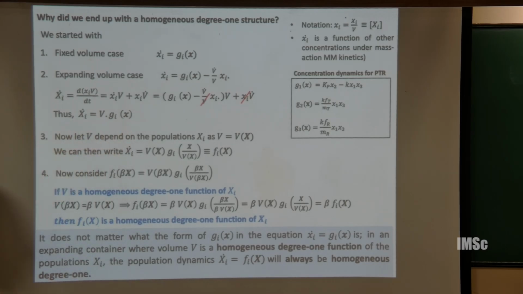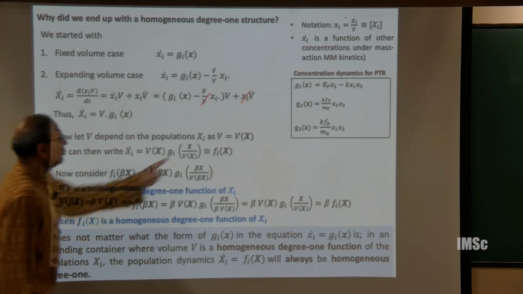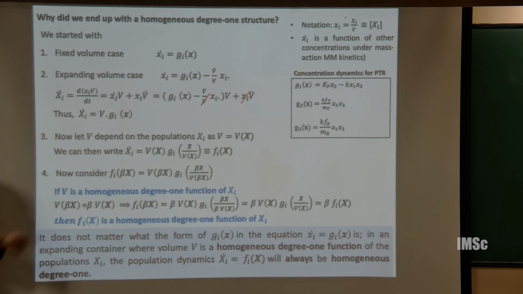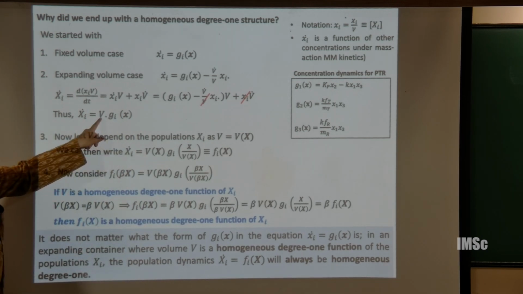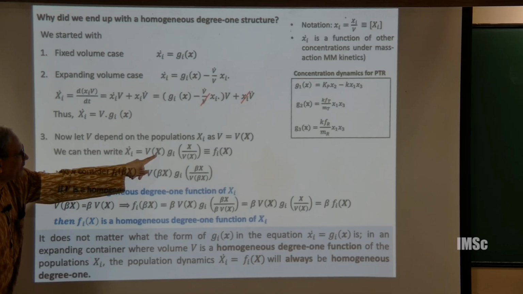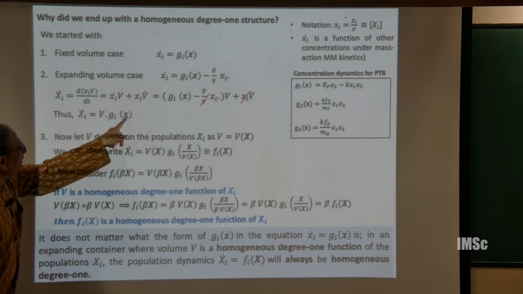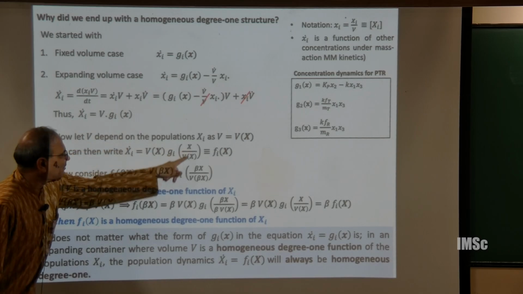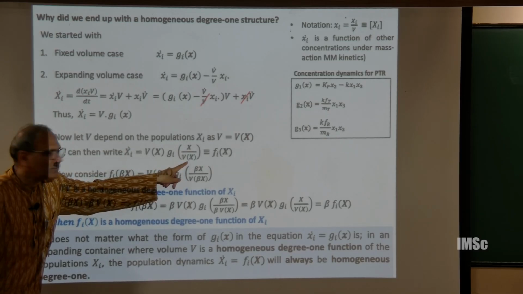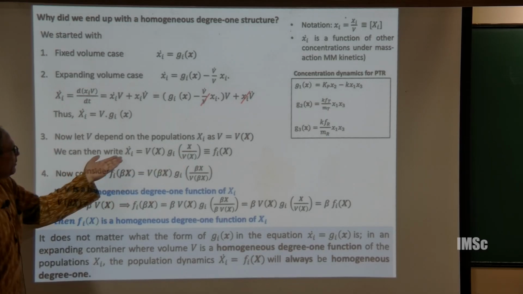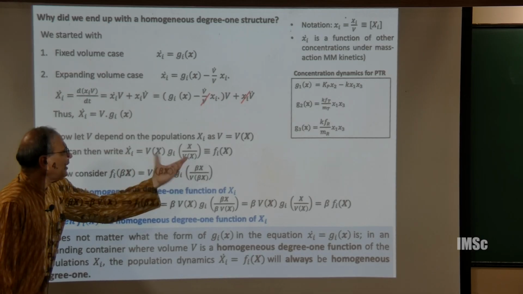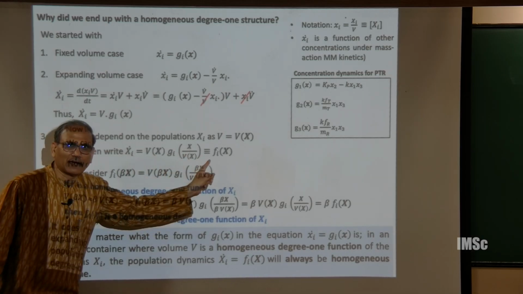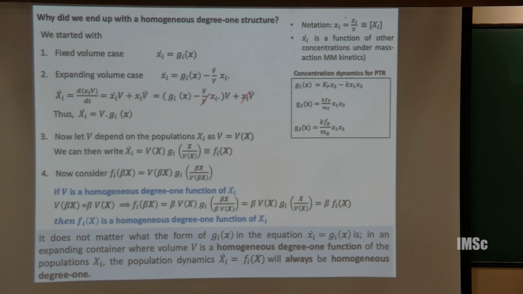Okay, what happens when V becomes dynamical? Then we can write down this equation. This V becomes a function of the capital X's. And this little x, of course, is just capital X by V of X, right? So this combination is what we call little Fi of capital X.